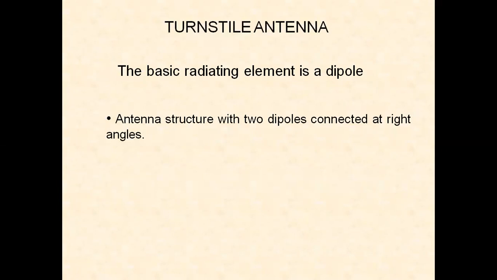The polarization used in a turnstile antenna is horizontal, so the antennas must be horizontally oriented, and two dipoles are considered here, and they are connected at right angles to each other.